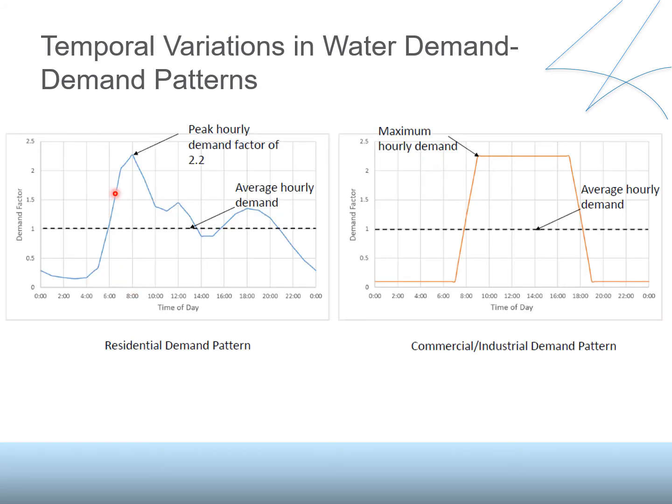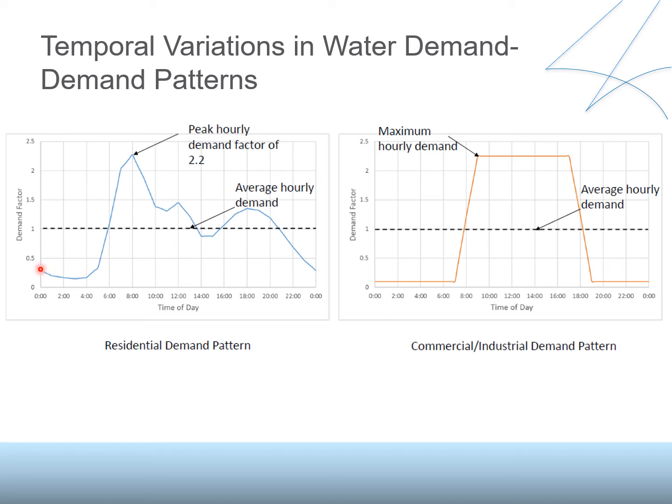Now, this is the temporal variation in the water demand patterns for residential and commercial. Again, this is a typical demand pattern only. This is for one particular area, and this is for one particular commercial or industry, but again, it would be different.